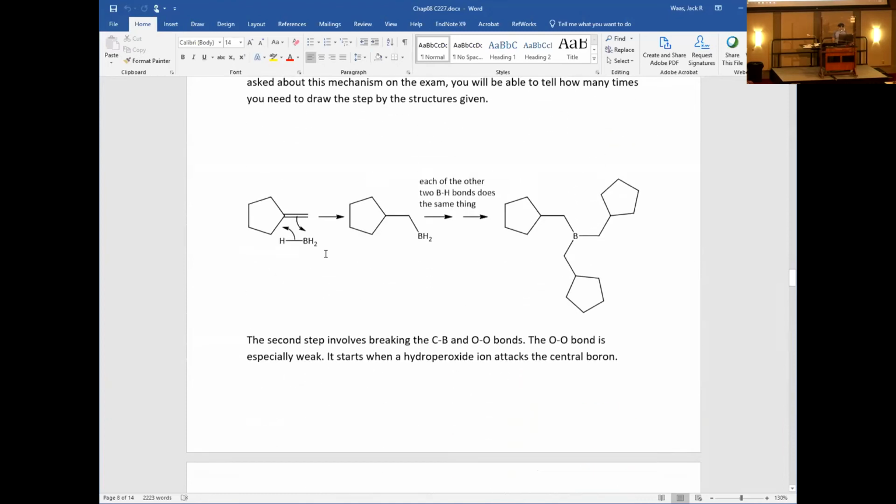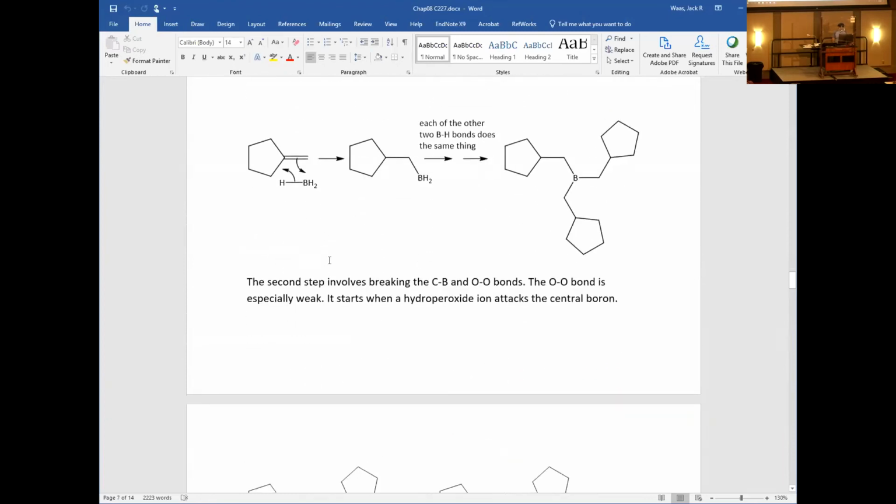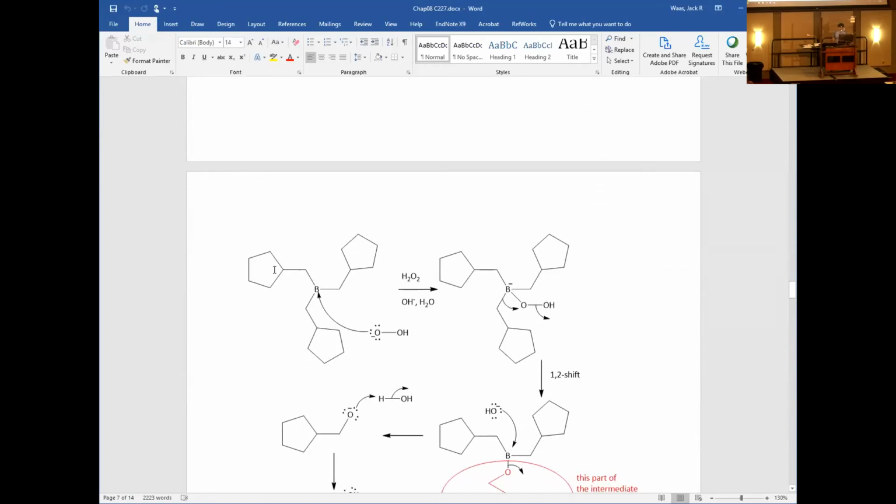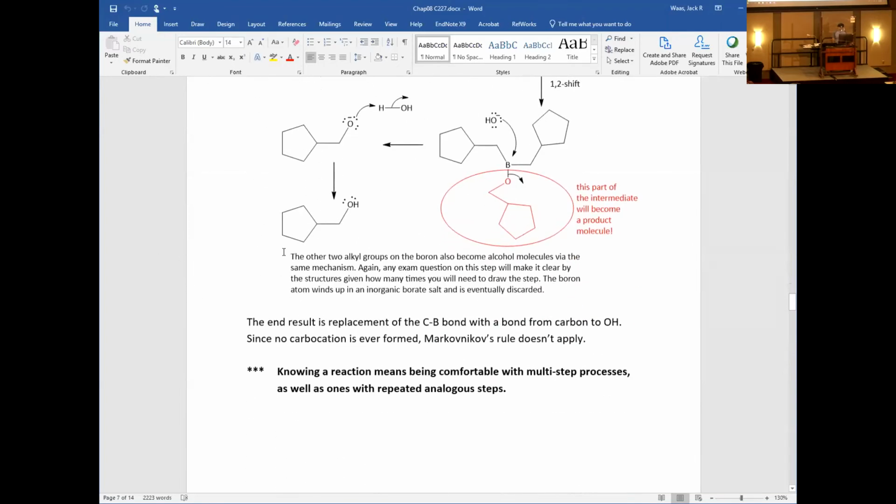And if you want to be very particular about the way this works, at first what happens is 3 of your alkene molecules add to a borane, and then all 3 of those alkyl groups that came from the alkene eventually come off and make alcohol molecules. So it's still a 1-to-1 ratio in terms of the organic pieces.